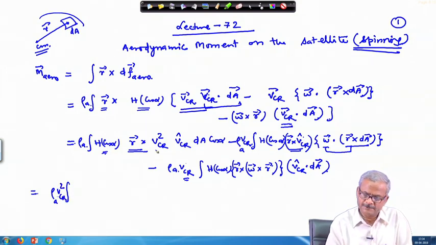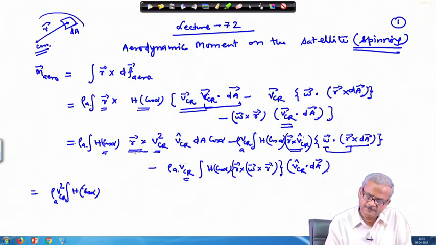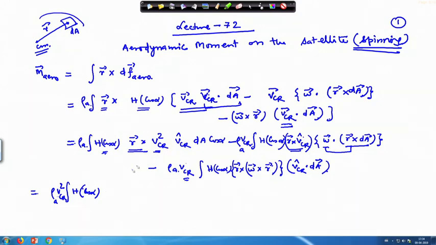Rho A times V_CR squared, this term can be taken outside, h cos alpha times r cross V_CR cap times dA cos alpha.